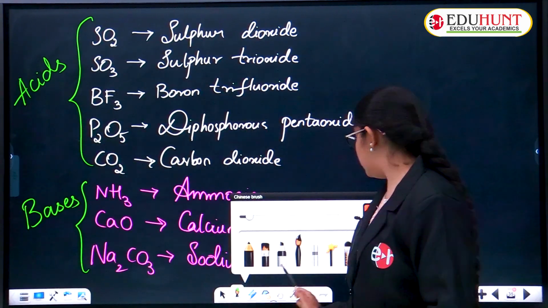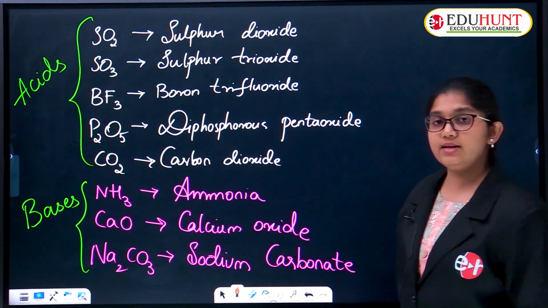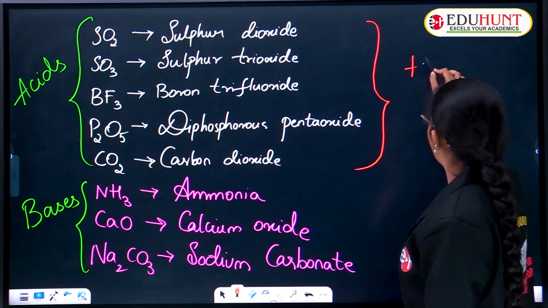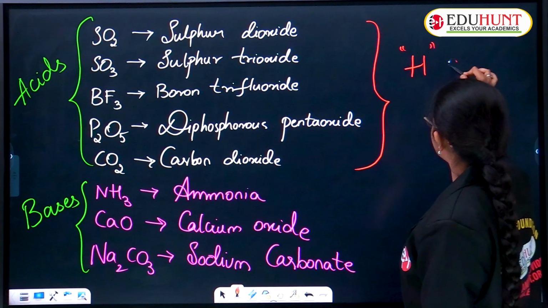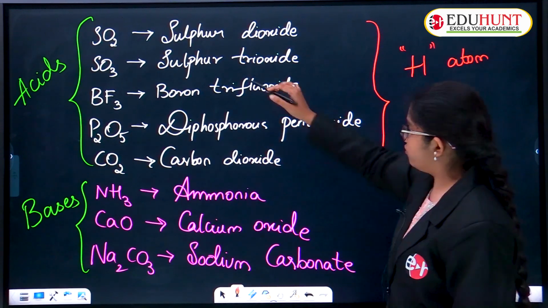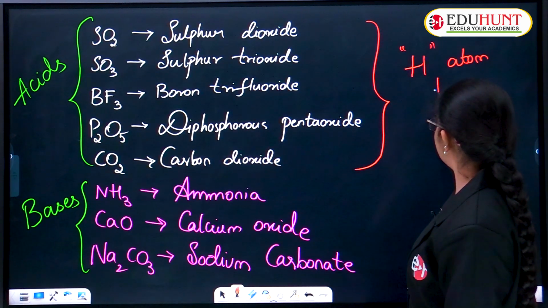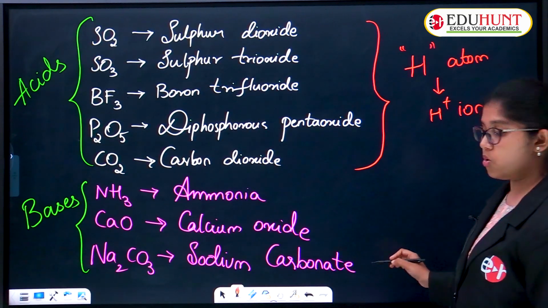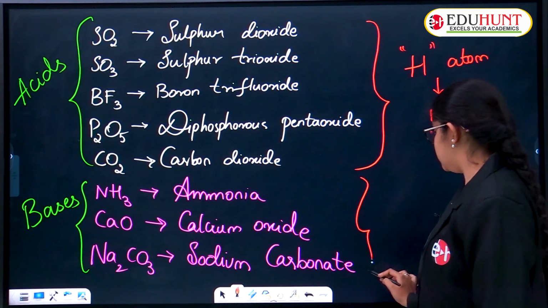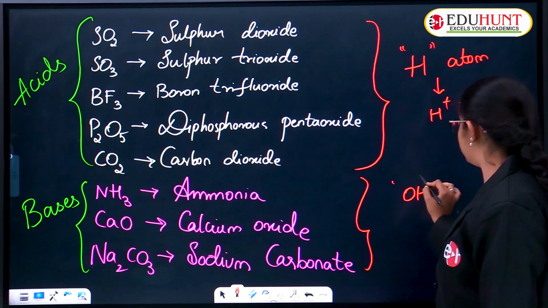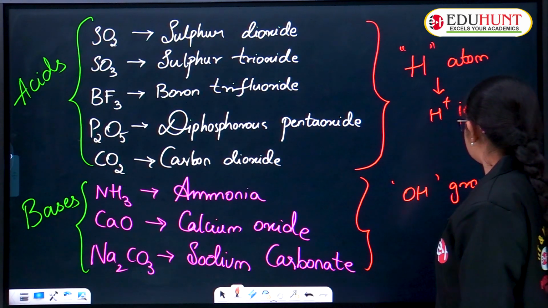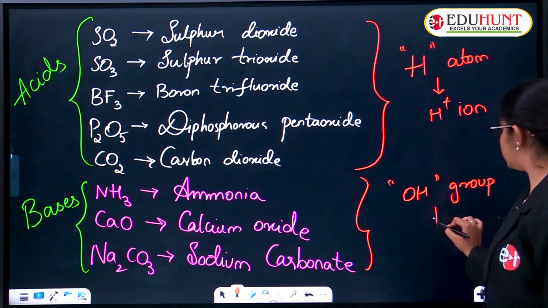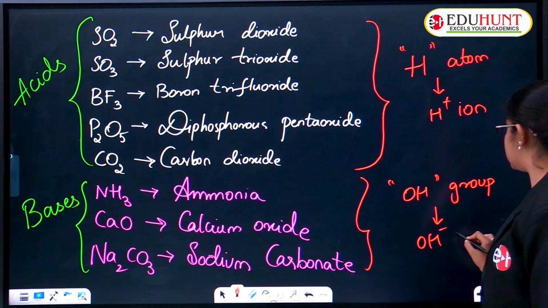But regarding the limitation of Arrhenius theory, these acids do not have any H atom in the molecular formula, so they can't give rise to H plus ion. Yes or no? And what about these three? These three don't have any OH group, so they are not giving rise to OH minus ion respectively.